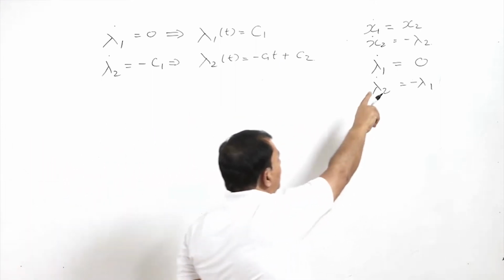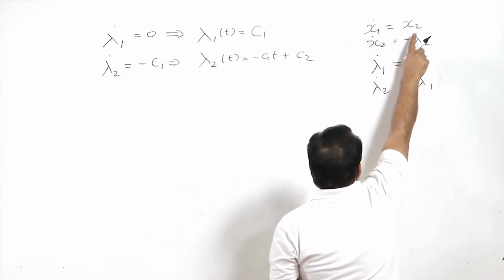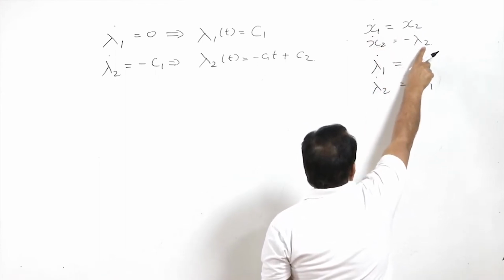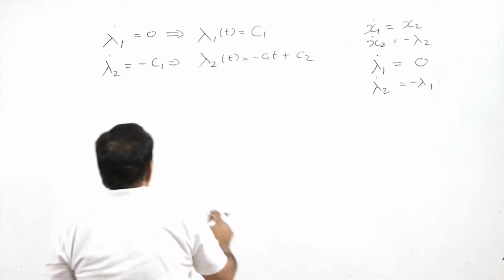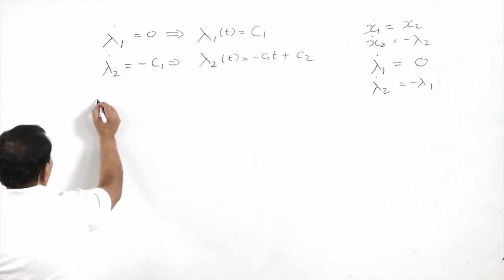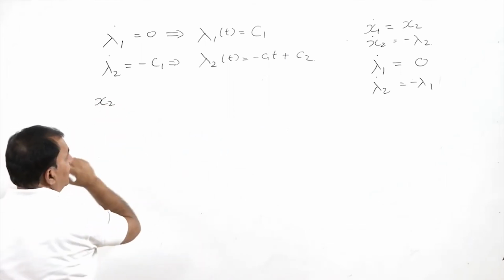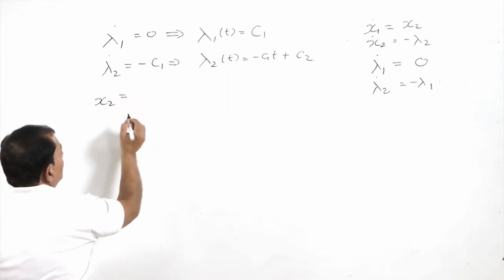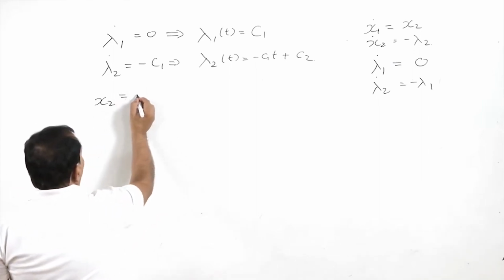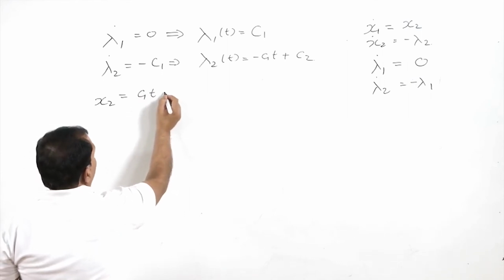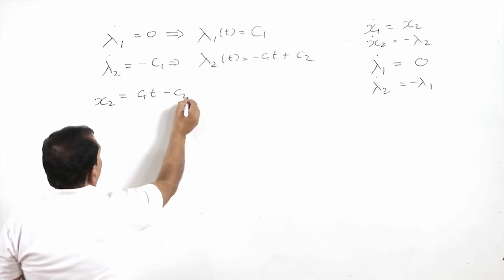From these equations, x1 dot is x2, x2 dot is minus lambda 2. So the next equation we can take is x2 dot, which is minus lambda 2, meaning C1 t minus C2.